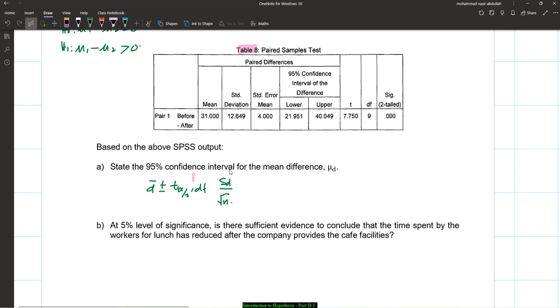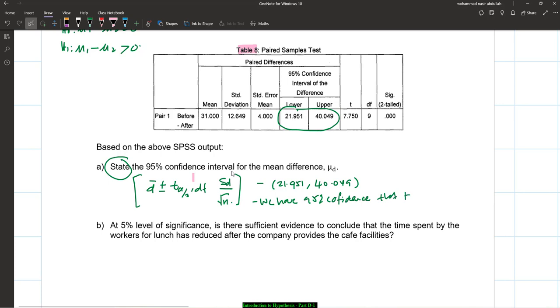This is the formula, but the question asks to state the value, and the mean difference is already here, so we just state the mean difference is 21.951 to 40.049.